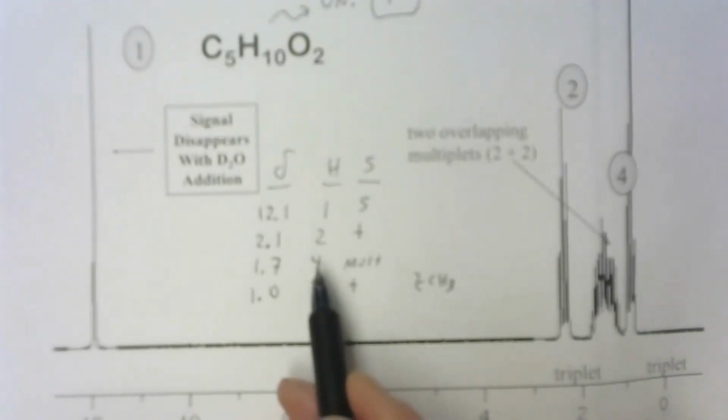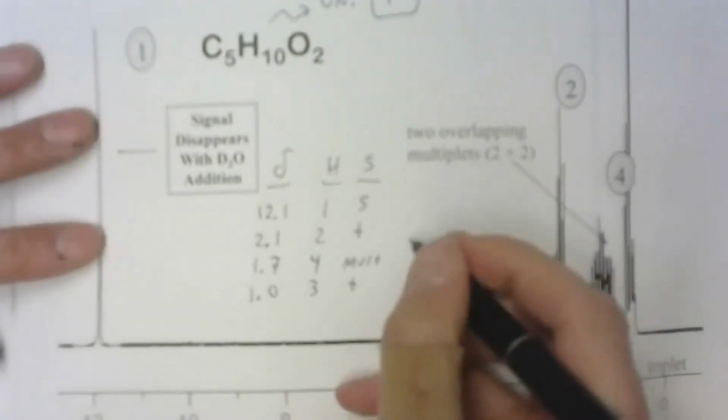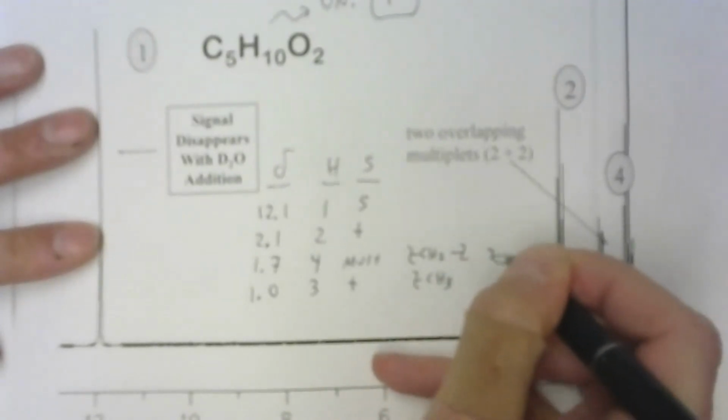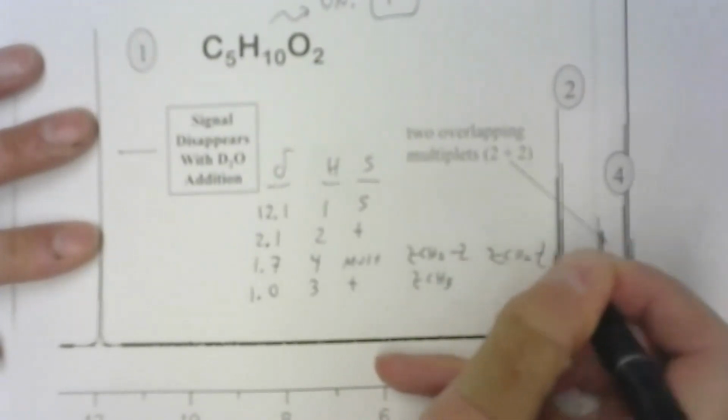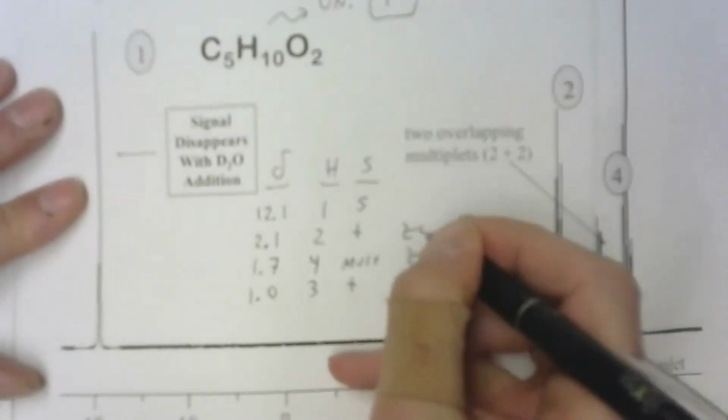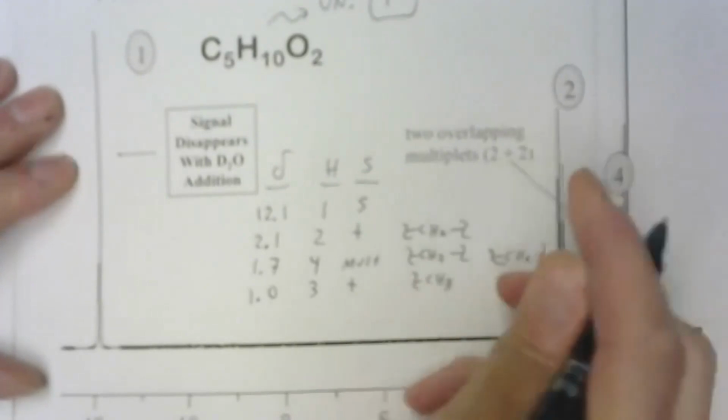It's probably going to be 2 CH2s that happen to be overlapped because they're in the same ballpark. So you have a CH3, CH2, CH2. What's this one? 2.1 is also 2. There's a triplet. Let's say CH2.